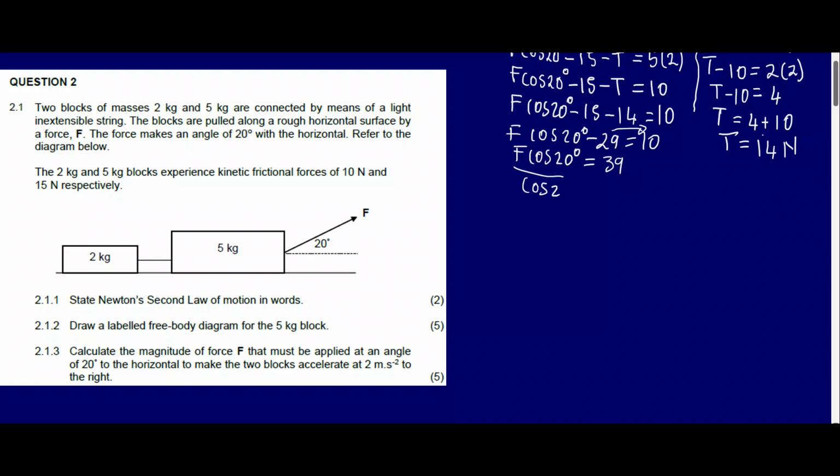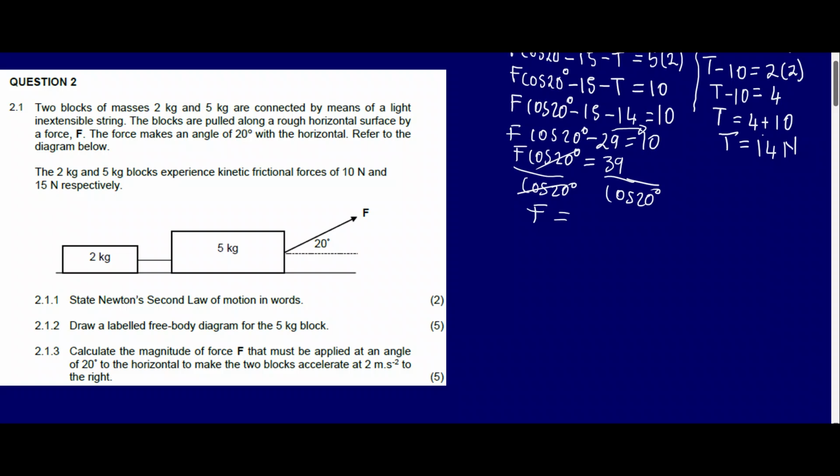So I'm not going to write that in full, but I'm just going to quickly go down here and divide both sides by cos 20. You know what we do. This is going to be a simple equation to solve, because you have to apply mathematics in order to solve these things and simplify.